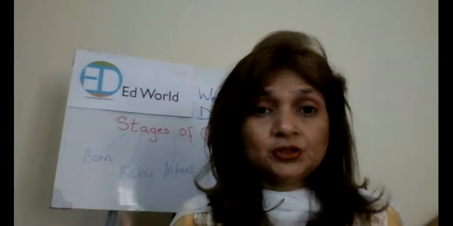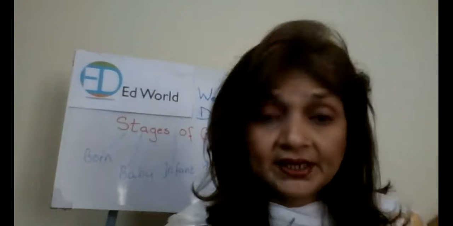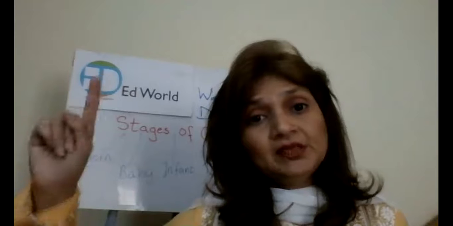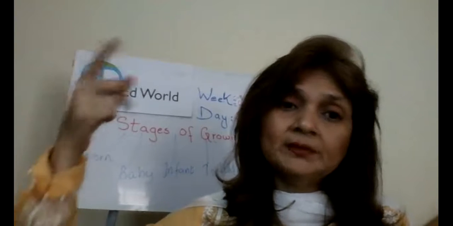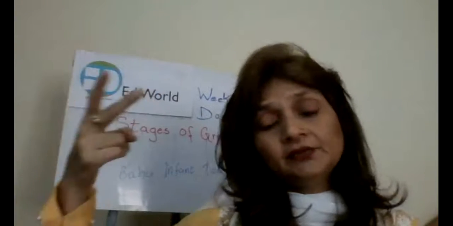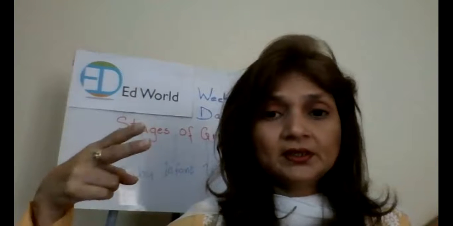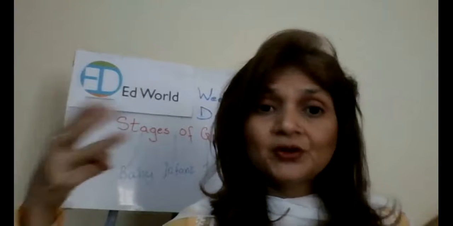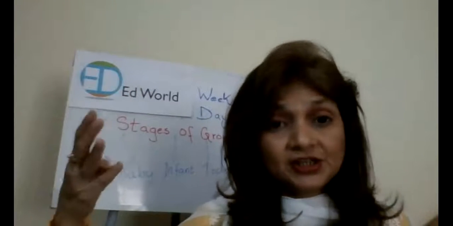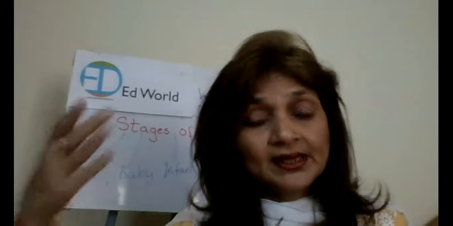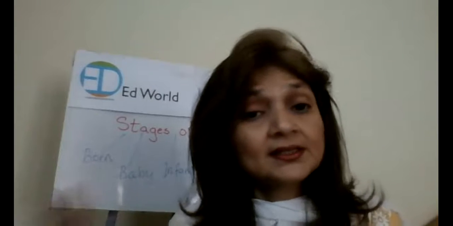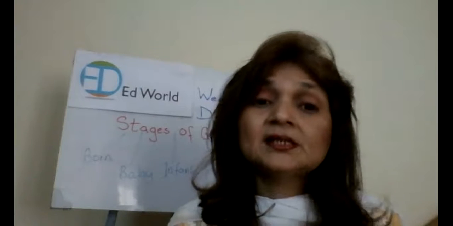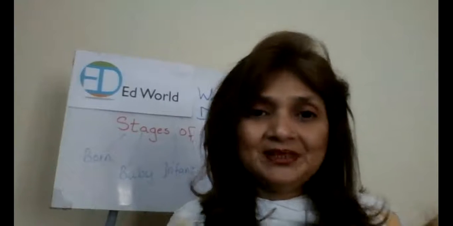This is our life cycle. When a baby is born, it grows into an infant. Later on, this infant grows into a teenager. The teenager grows into an adult, and the adult grows into an old person. These are the different stages of growing. This is the life cycle of human beings, right?